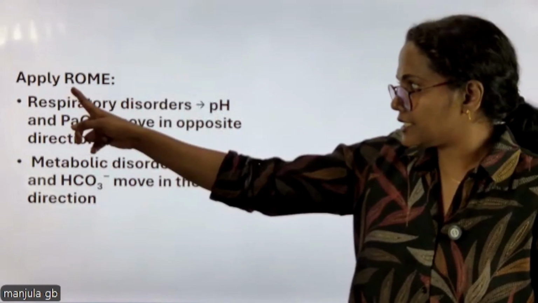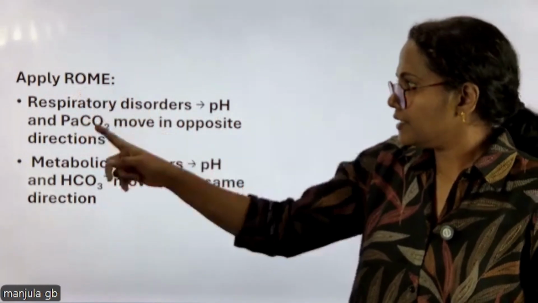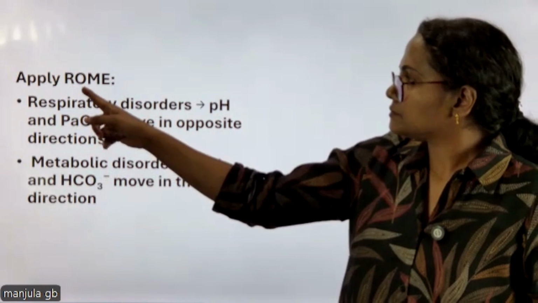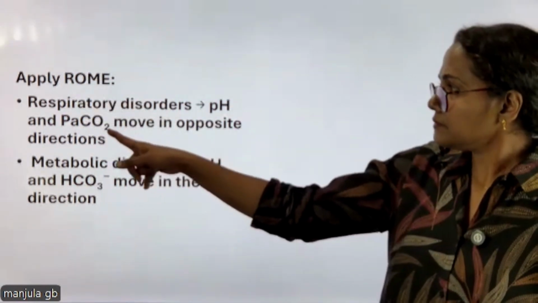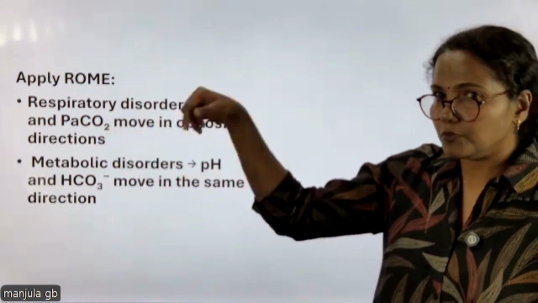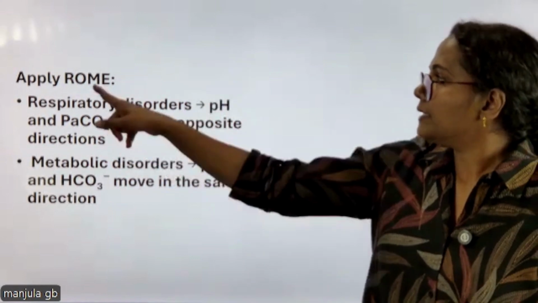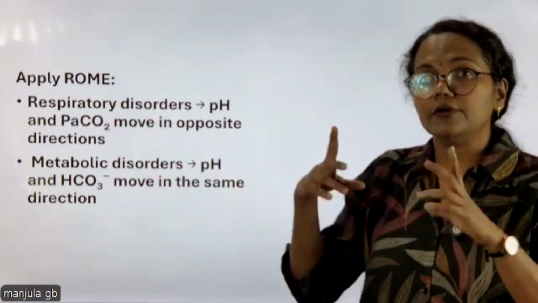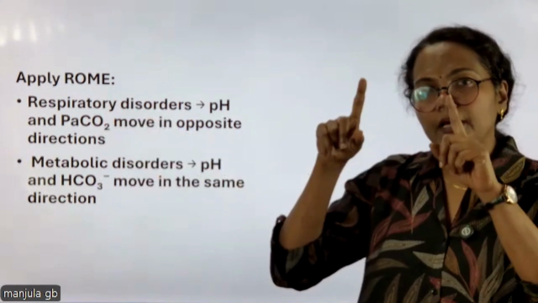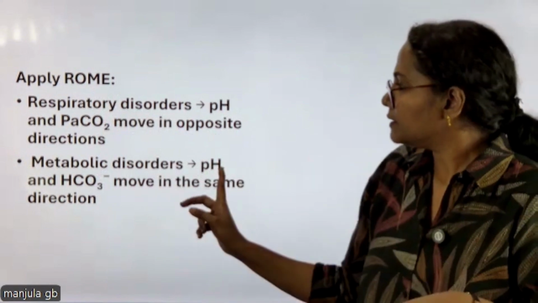R stands for respiratory disorder. In respiratory disorders, pH and PaCO2 move in opposite directions, but in metabolic disorders, both move in the same direction. Either both will be up or both will be down. What is that?